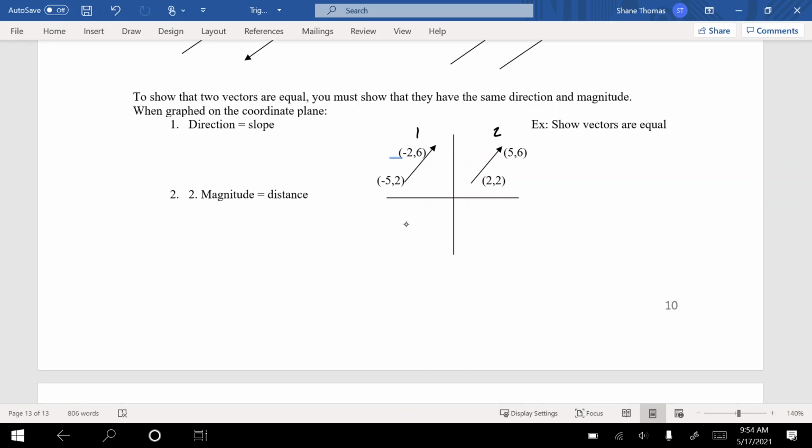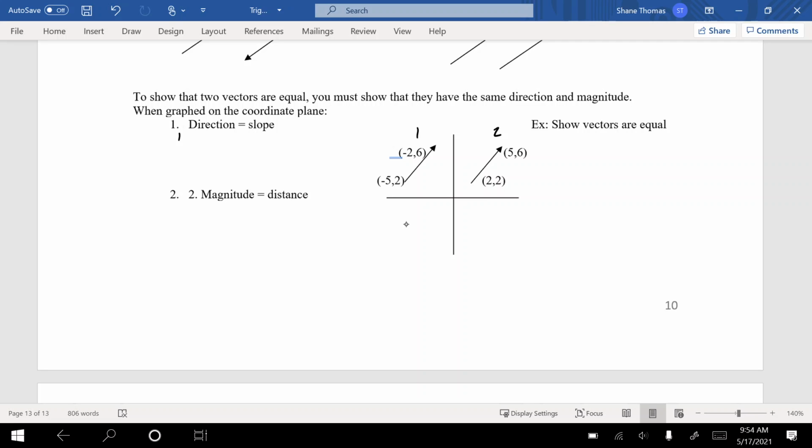Okay? So vector 1, let's find the slope. Now the slope, if you remember back to your Algebra 1 days, what's my slope formula over there? Belinda, you can see it. Read it off for me. There you go. y2 minus y1 over x2 minus x1.